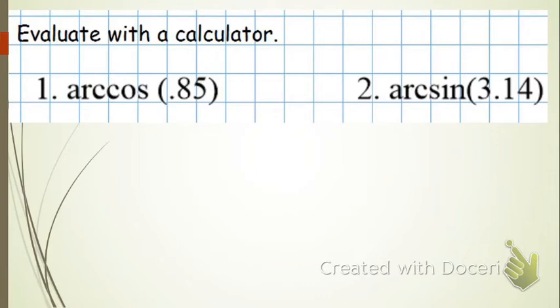So for our arc cos of 0.85, tell me what you're going to type into the calculator, because that button is not on the calculator. Yep, inverse cosine of 0.85.